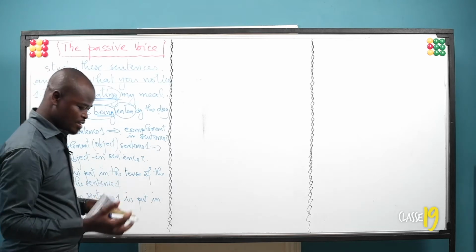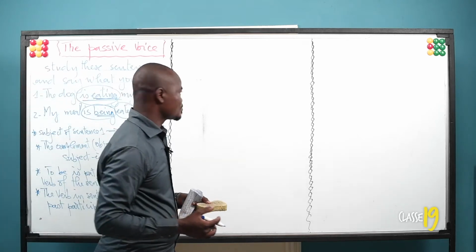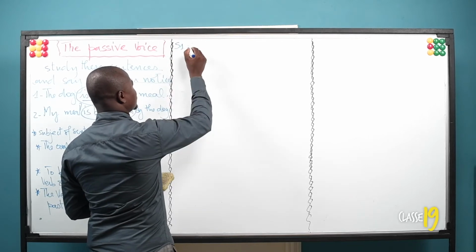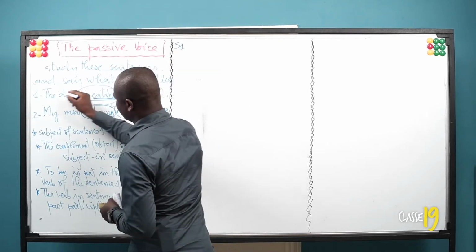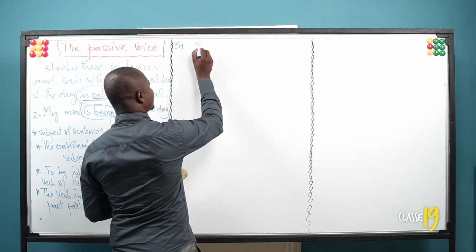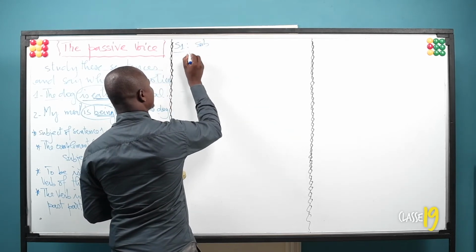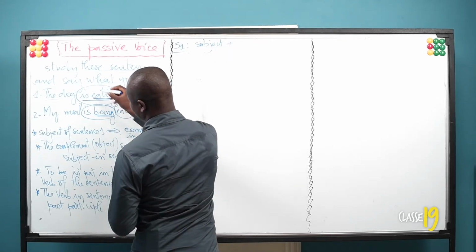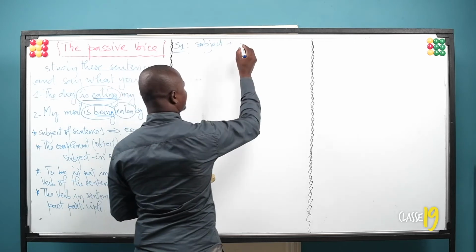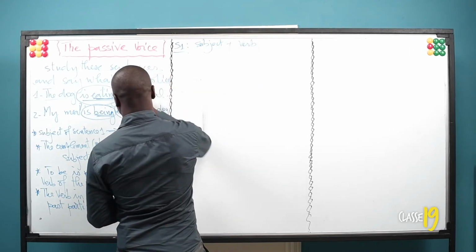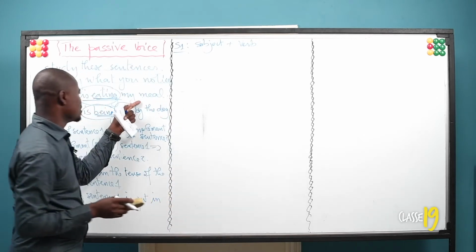Now, let's write it in another way. We have the sentence 1 that I will call S1. Here we have the subject, the dog. So we have subject plus the verb, is eating. And we have here the complement.